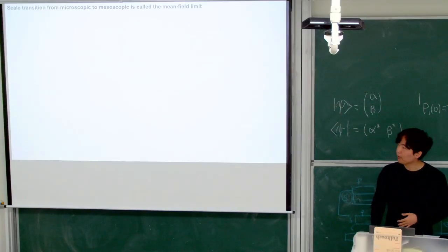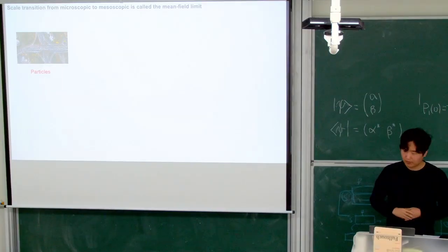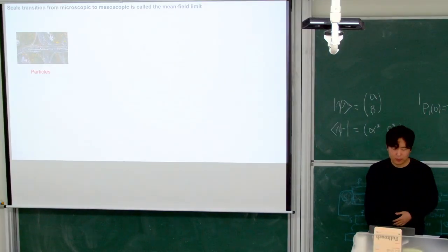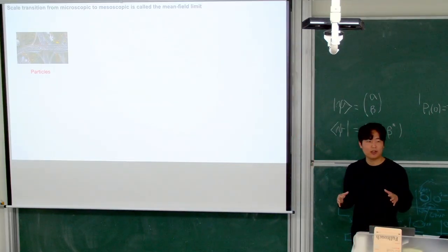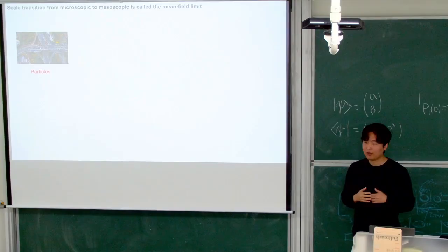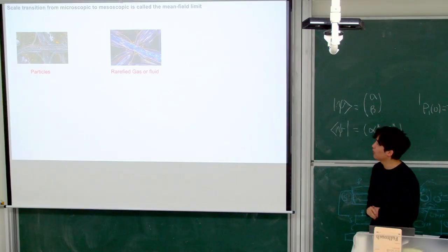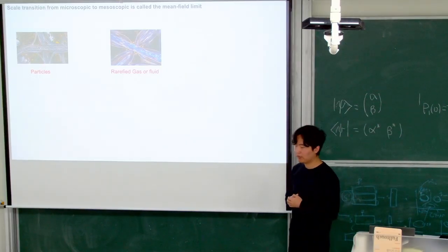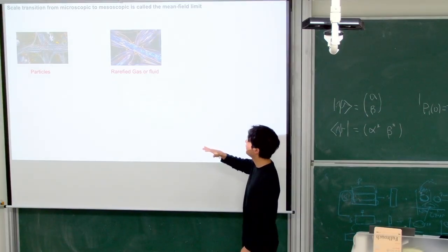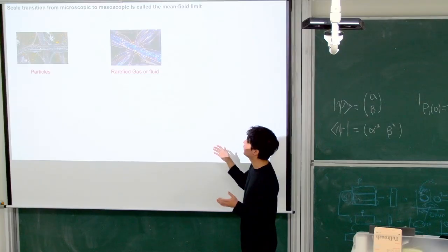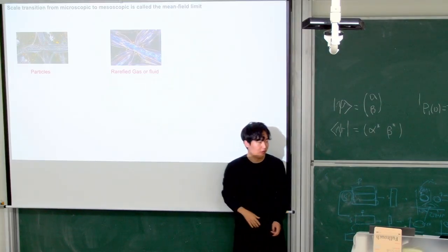So now we want to focus on the mean field limit among this kind of scaling limit. So from the particles, if you imagine you are on a highway, there are many cars during the national holidays, then it is often more effective to see this as a motion of rarefied gas, the gas with low density, or fluid.